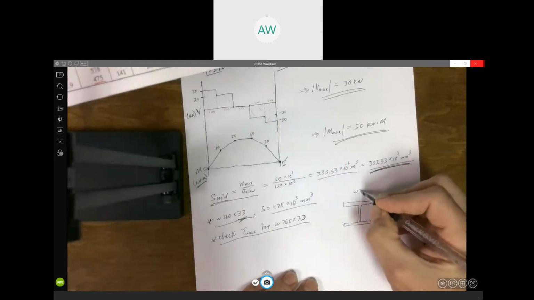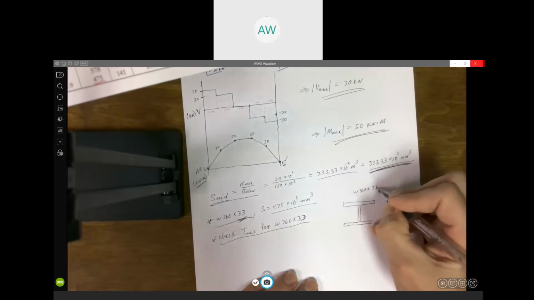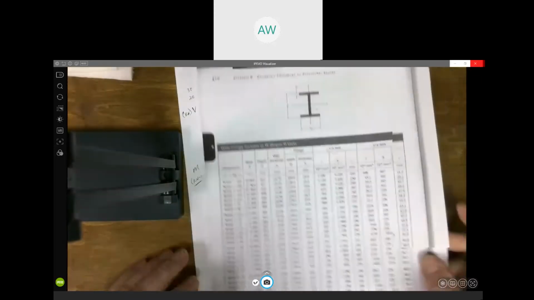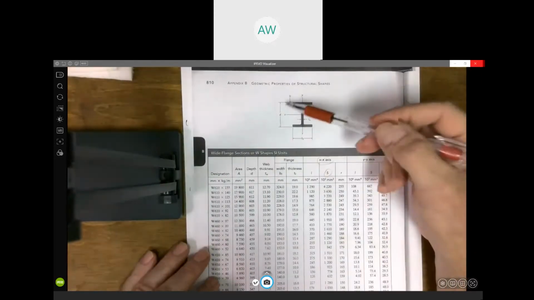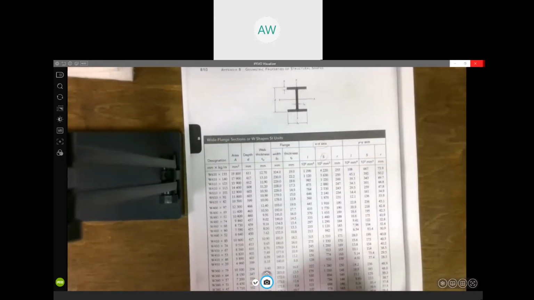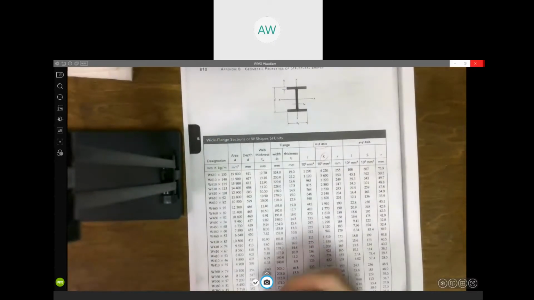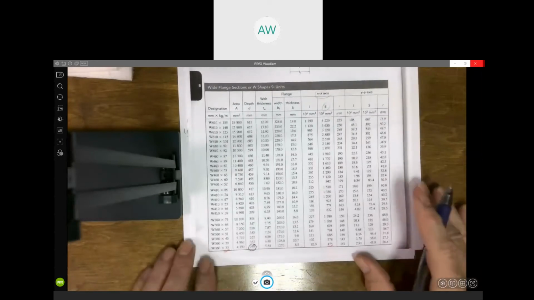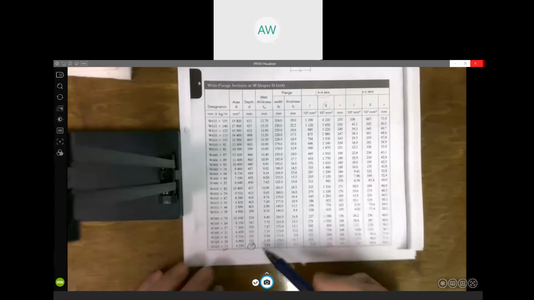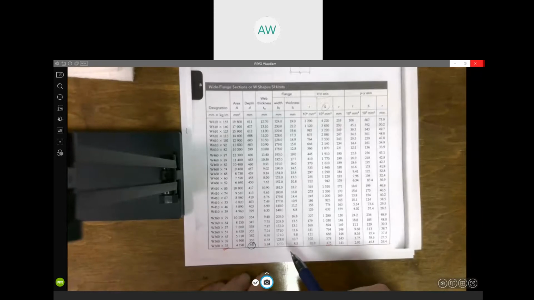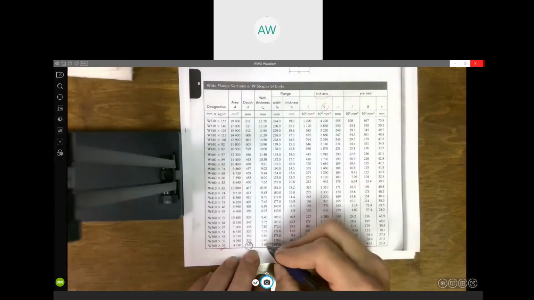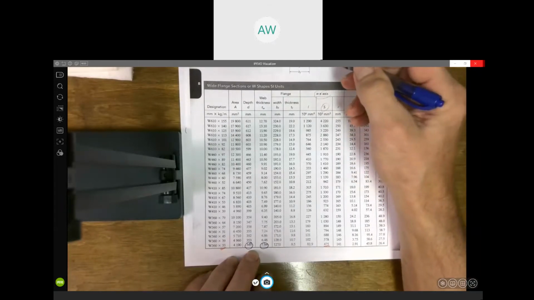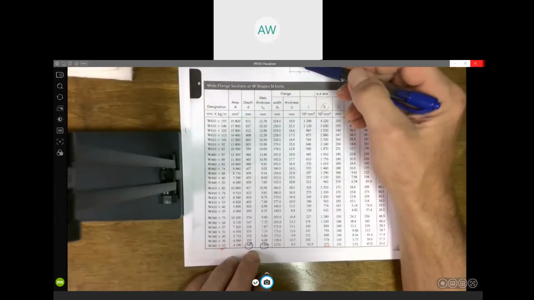So for this W360 by 33, I need to go back and look and get some dimensions. The depth, that's the total height, is 349 millimeters. We need the thickness of the web. It's 5.84 millimeters.